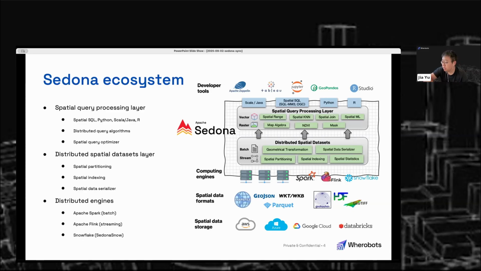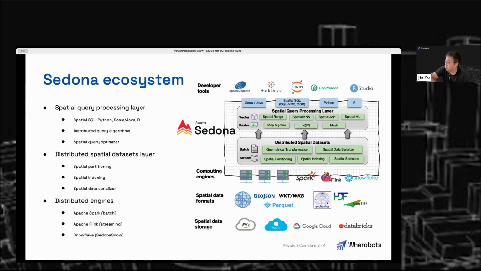The bottom layer, as I mentioned before, is the distributed engine. Sedona can run on top of different query engines. It can run on top of Apache Spark for batch processing and Snowflake as well. It also works with Apache Flink for stream data processing.